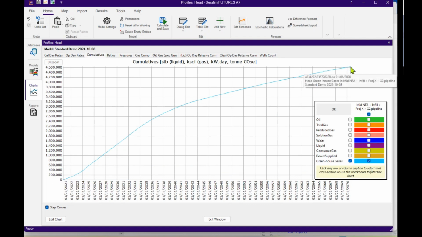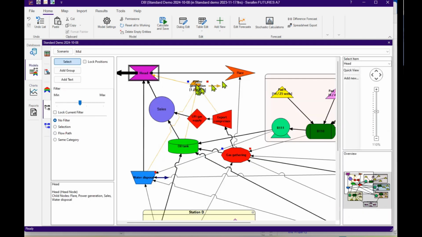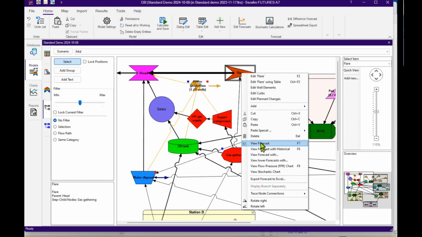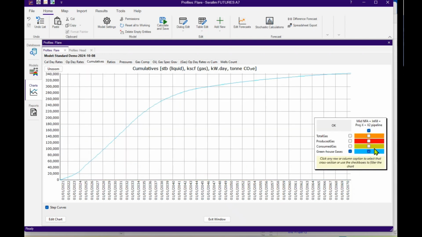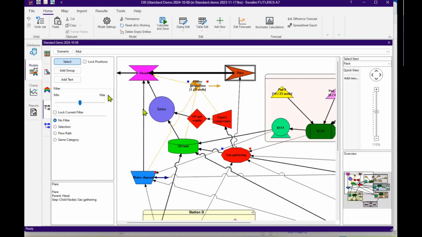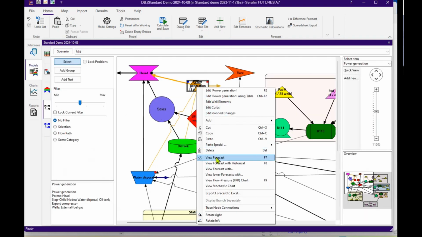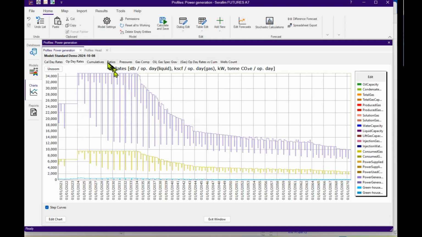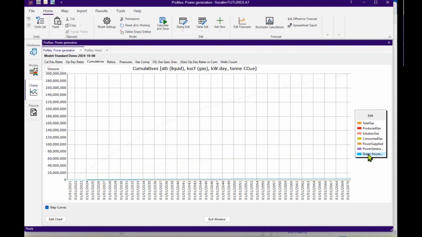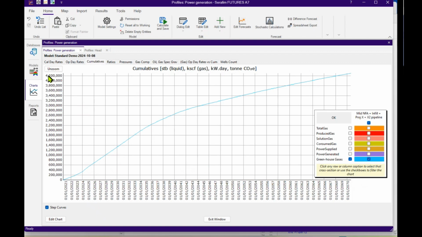So a total of 4.6 million tons of CO2. And that comes from the flare node, which has 340,000 tons, and the power generation accounts for the remainder of the 4.2 million or so.